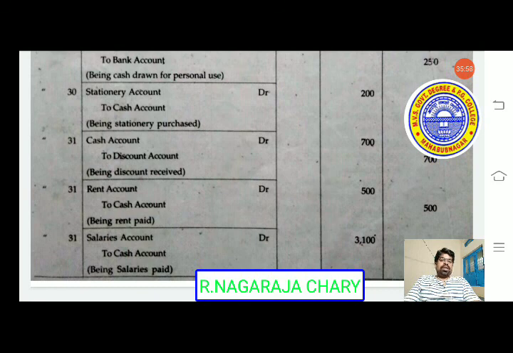According to nominal accounts rent is to be debited. So, that is why rent account debtor to cash account. So, 500 and 500, both the aspects will be equal.